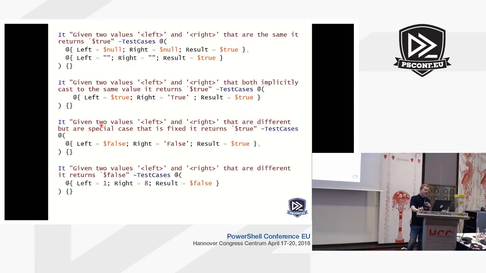And then we have these two values that are different, but are a special case that is fixed. Then it returns true, and then we can see this is the false. So I have the information. If I go into the test, I can understand what's happening. I can see this is not a mistake, this is a feature. And I made it much easier for me, or for the future people who will maintain my project.